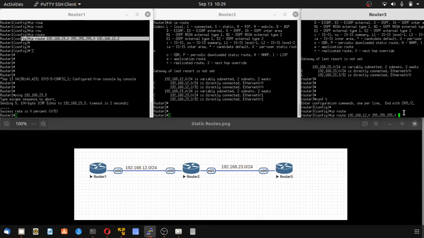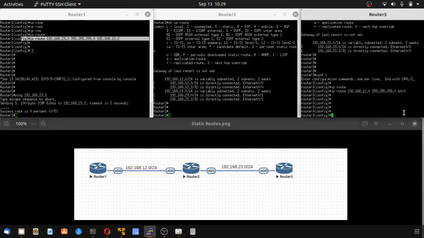So here we will configure the exit interface of this router, right? And what is the difference between the exit interface and the IP address as next hop? We will see this in our upcoming videos, okay?